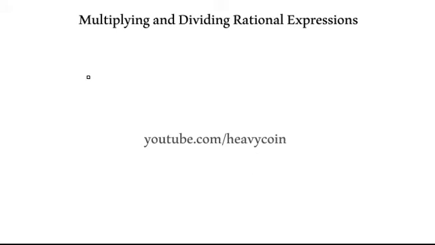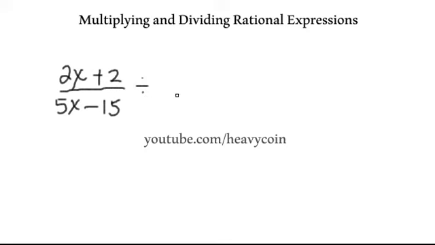Alright. Okay, so something a little bit more difficult. How about 2x plus 2 over 5x minus 15 divided by, now, you know what?